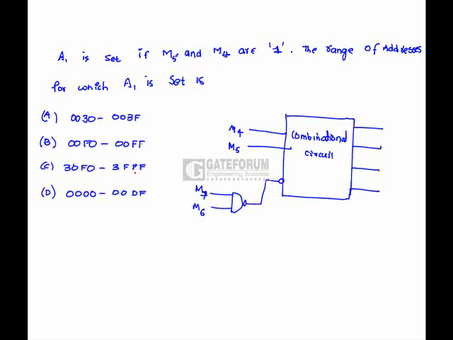A1 is set if M5 and M4 are 1. The range of addresses for which A1 is set: that is A0, this is A1, A2, A3. Here the address, from the options, is a 16-bit address.